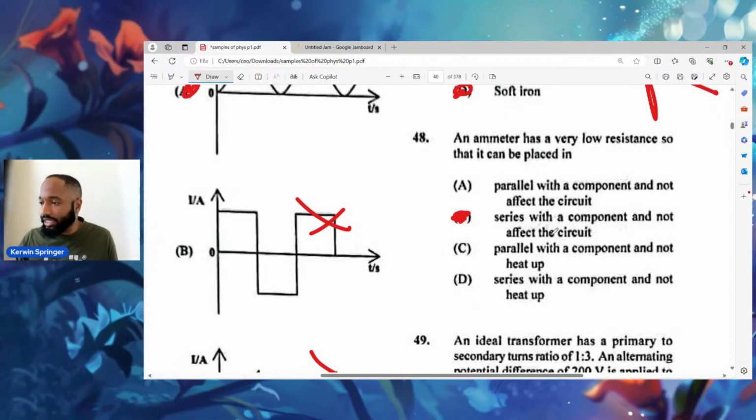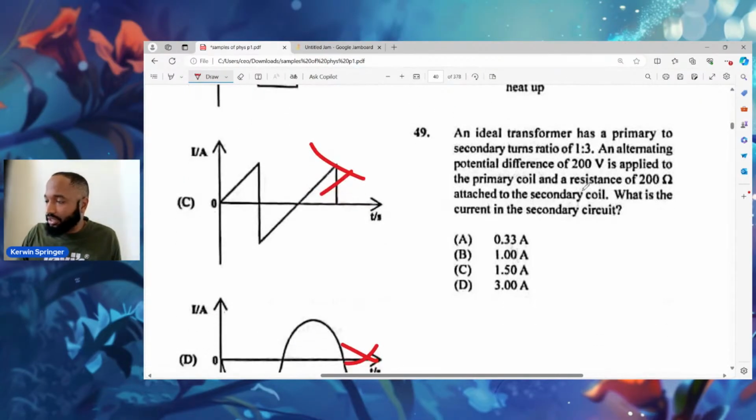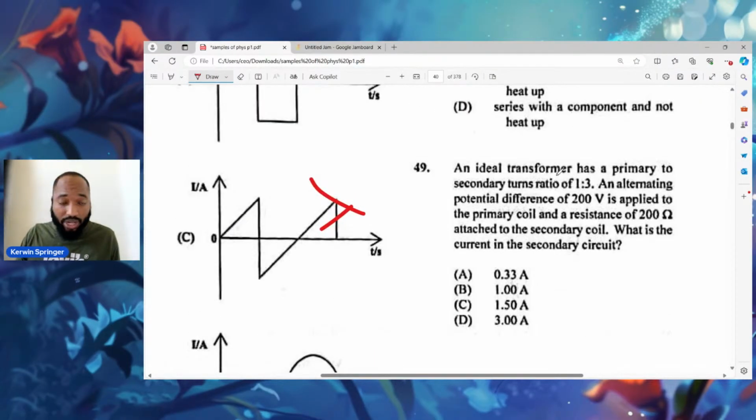So B is the answer here. But that is not why an ammeter has low resistance. The ammeter has near zero resistance so that it can measure all the current passing through it. If it had a resistance, some of the current would deflect elsewhere and not pass through it.